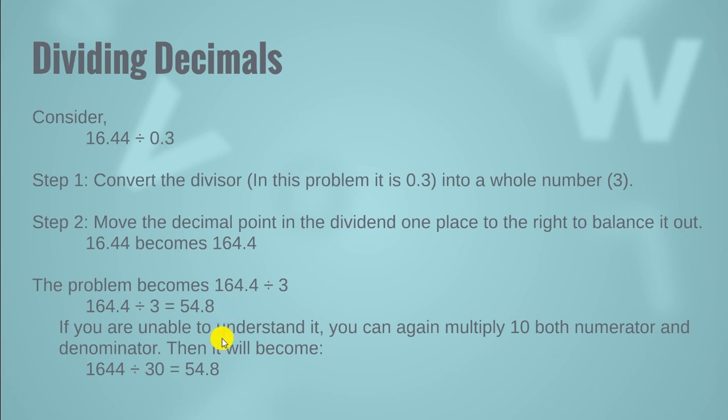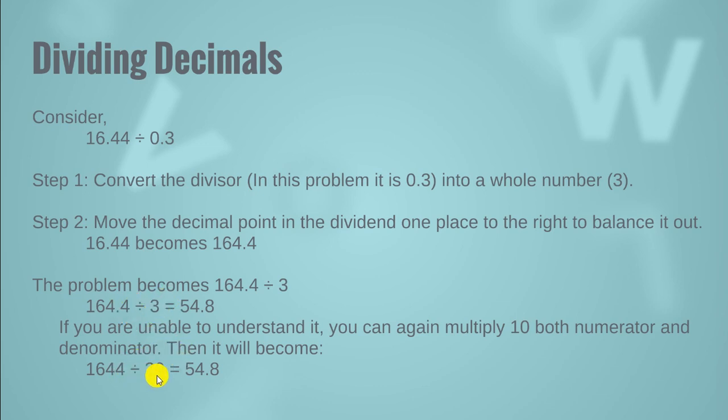If you are unable to understand it, you can again multiply both numerator and denominator by 10, then it will become 1644 divided by 30. I did this just because if this decimal in 164.4 is worrying you, you can get rid of it by multiplying the numerator and denominator with 10 again.